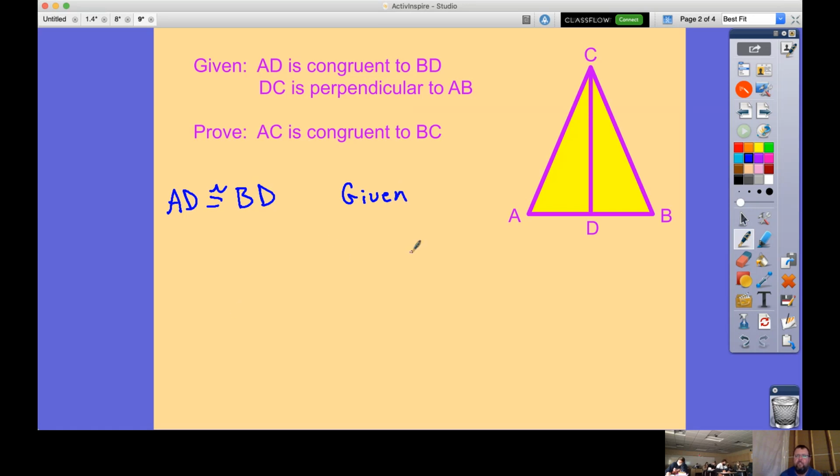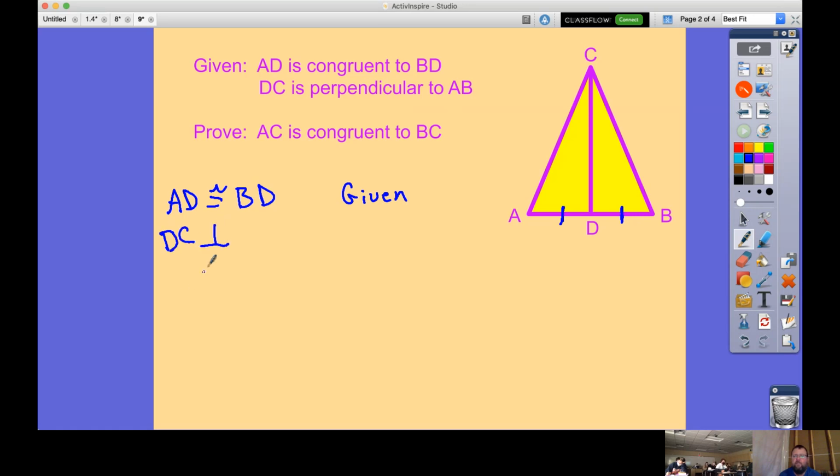There's your first point. Now, why did I tell you to draw this picture out? So you can mark it up as you go. Mark up AD is equivalent to BD. We know those two are the same now. All right, then DC is perpendicular to AB. All right, write that one down.